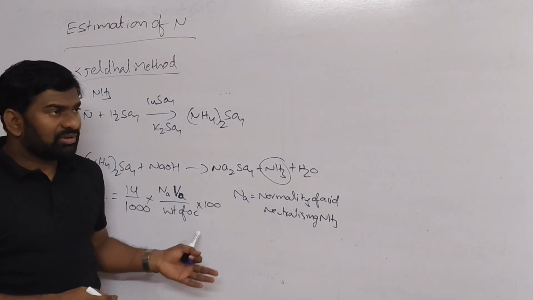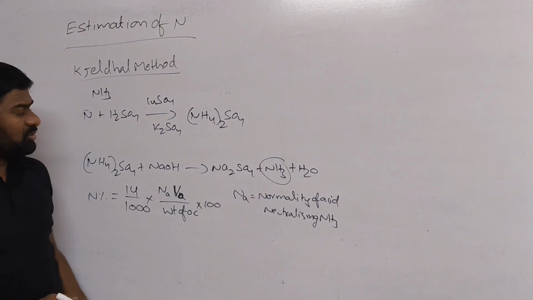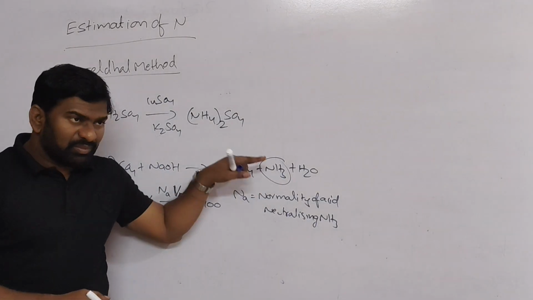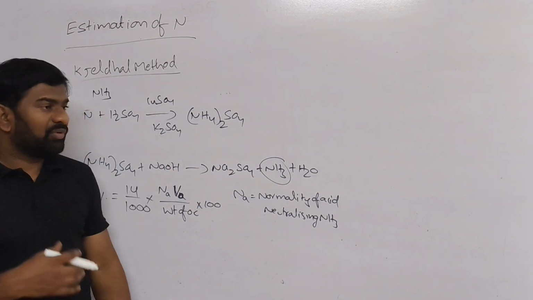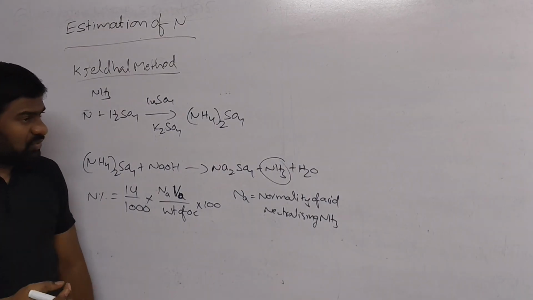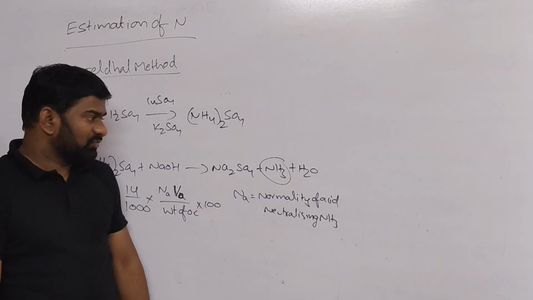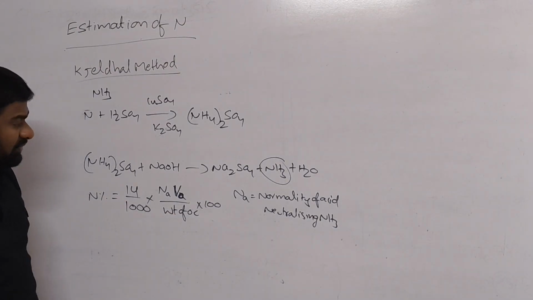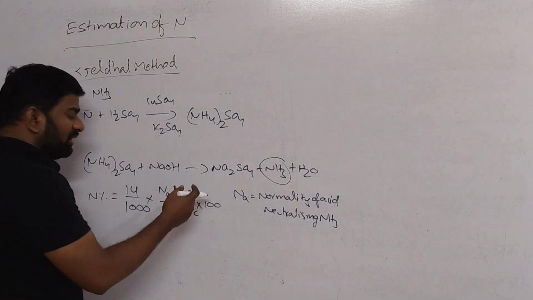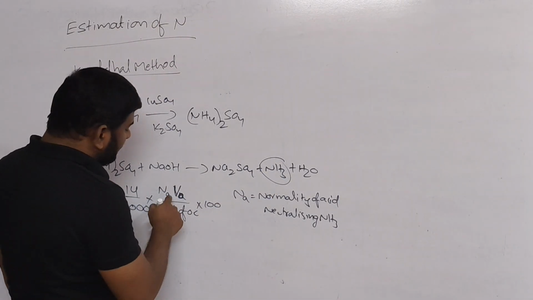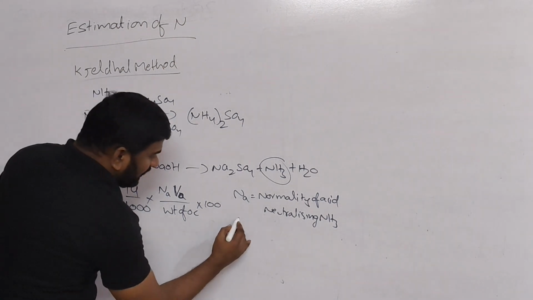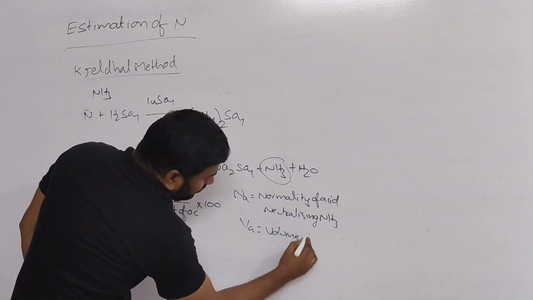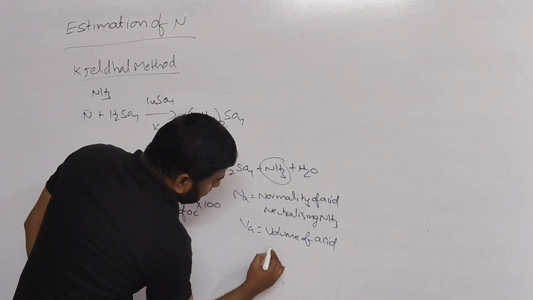So if you know the acid values, you can substitute those values in the place of base values. How much acid is neutralizing this, those values you have to substitute. Next, Va means volume of acid neutralizing NH3.